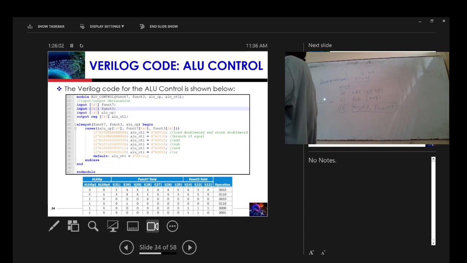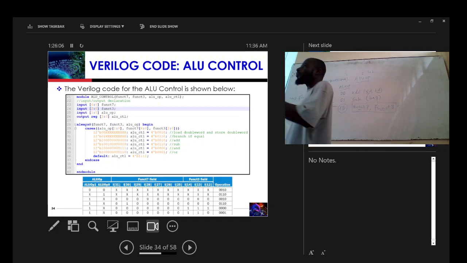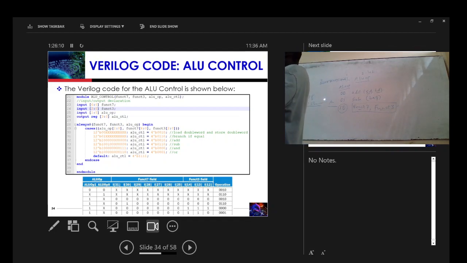So because you don't care about function 7 and function 3, why don't you just care about the first two, which is the value of 0 1, and the rest of it you don't care about. If not, you will have to code function 7 must be 0 0 0 0 0 0 0 0 0 0 0 1 0 0. You must hard code all.